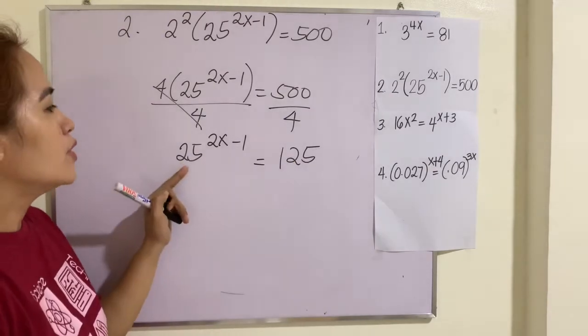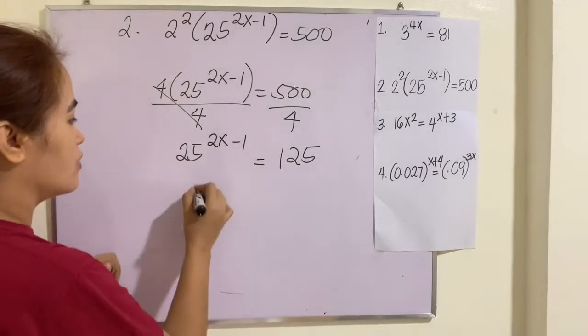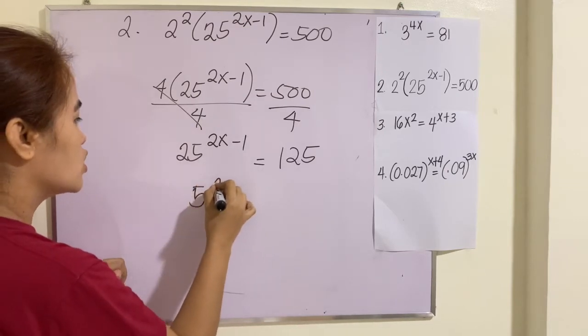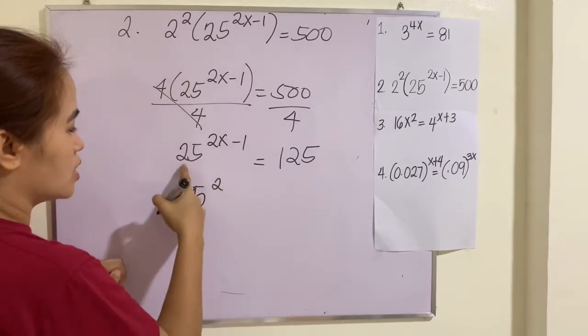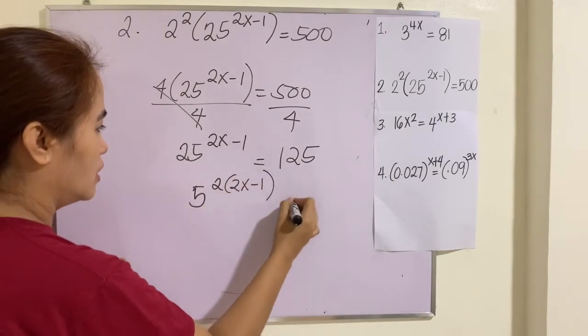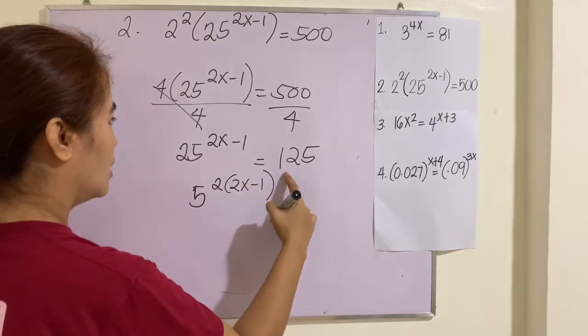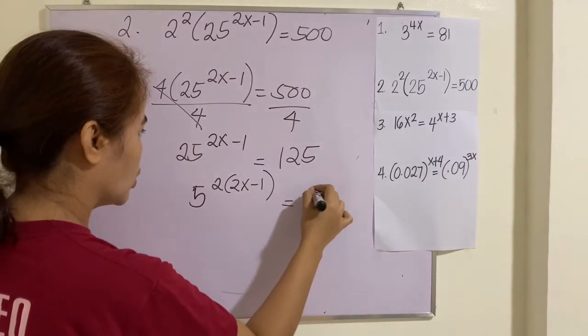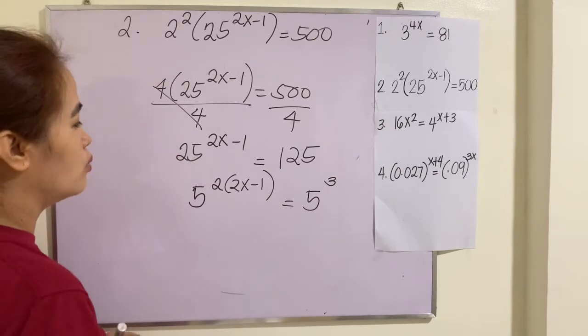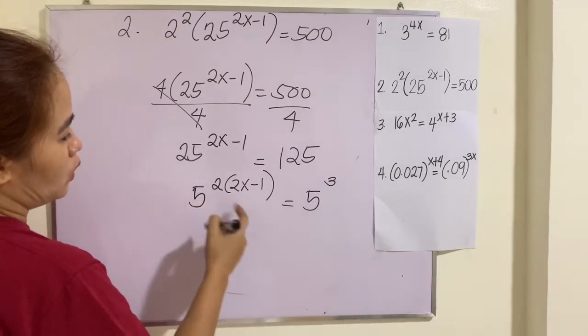We can rewrite this now as base 5. So this is 5 squared, which is 25, raised to 2x minus 1. The right side can be written as base 5, that is 5 cubed, 5 times 5 times 5. One-to-one property already.